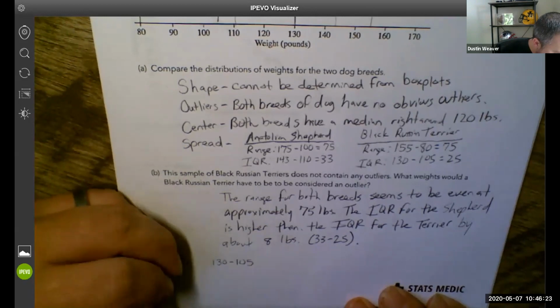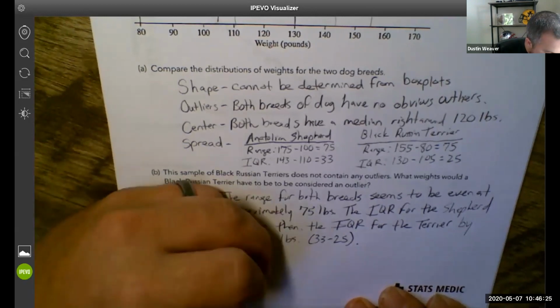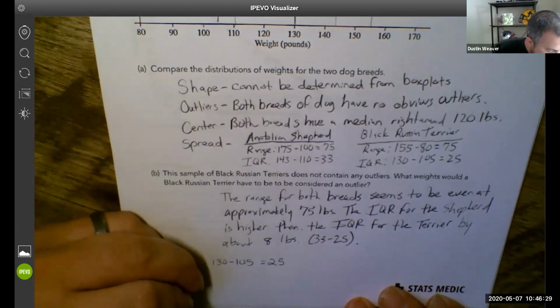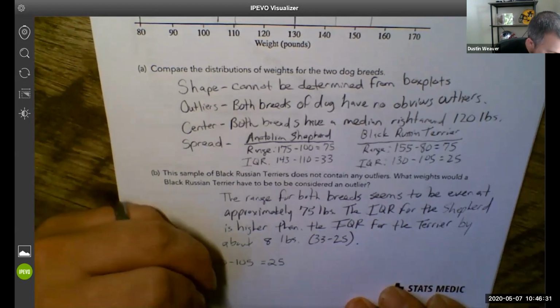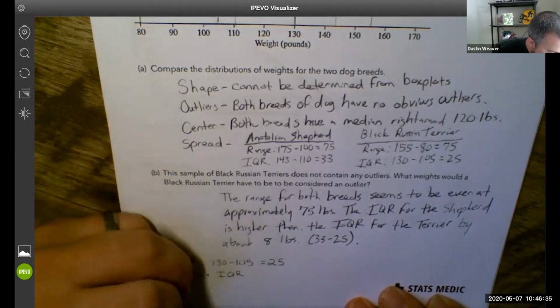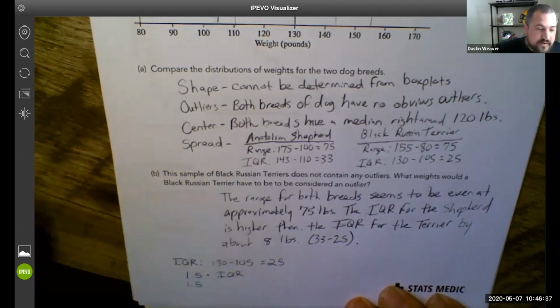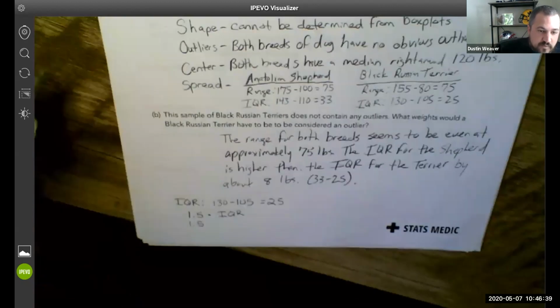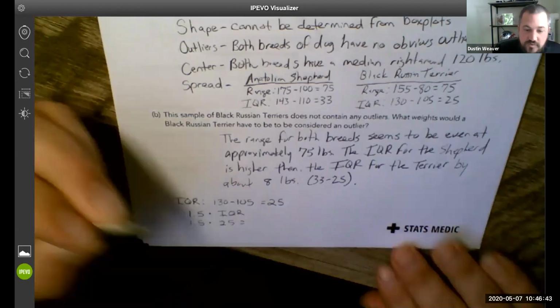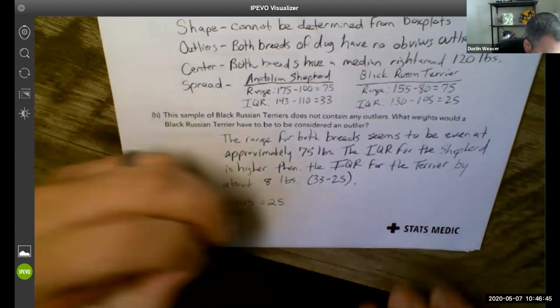So IQR is 25. We have to say 1.5 times the IQR. So we're going to say 1.5 times 25 is equal to, and we need to find what that is.